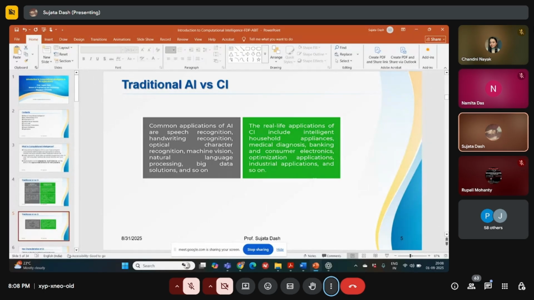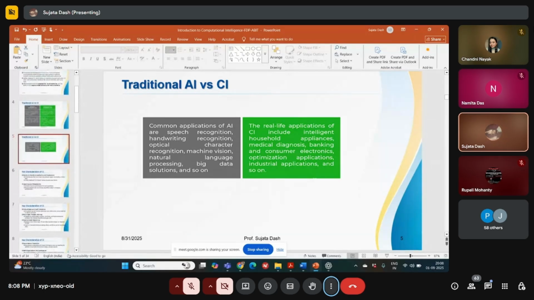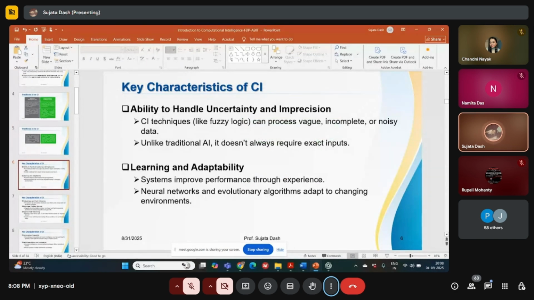Now let me take you to another topic. What are the key characteristics you find in CI, computational intelligence? So the first characteristic I'm going to discuss here is the ability to handle uncertainty and imprecision. In the real world, as you know, you often find data which is incomplete, which has noise or is vague.